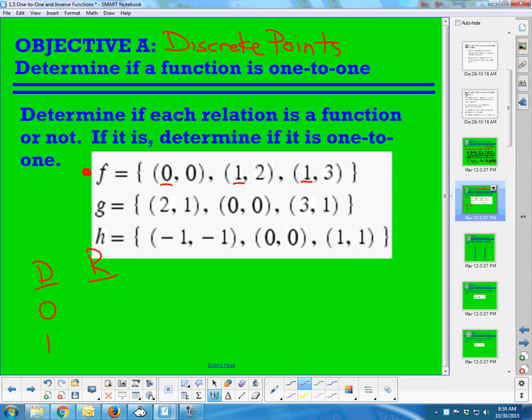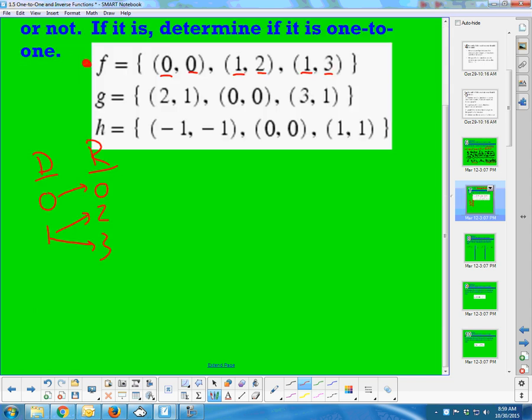Then list my range elements, 0, 2, 3, and draw the appropriate mappings. 0 pairs with 0, 1 maps to 2, and 1 maps to 3. As I have that, the first thing I notice is that the input of 1 maps to two different outputs. So I violated the definition of a function. So this is not even a function. I wouldn't even go on to it being a special case of a function. It's not a function at all.